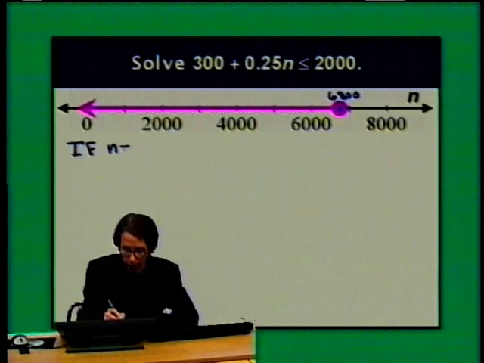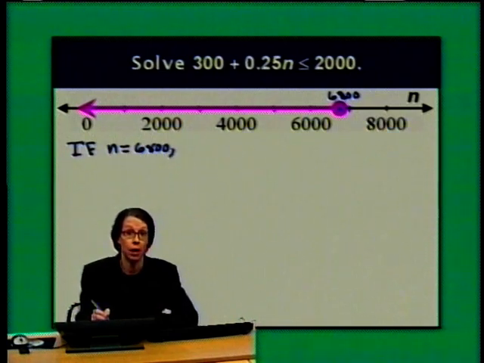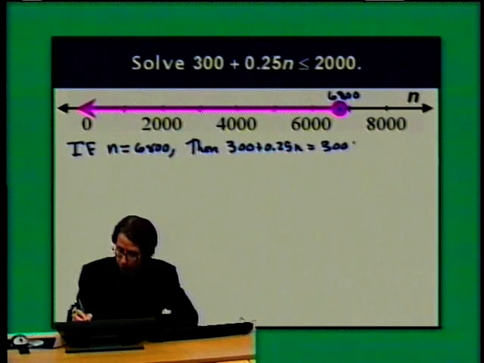So if n equals 6,800, in this situation this means if 6,800 bottles are printed with the slogan, then the total cost can be calculated by 300 plus 0.25 times 6,800.